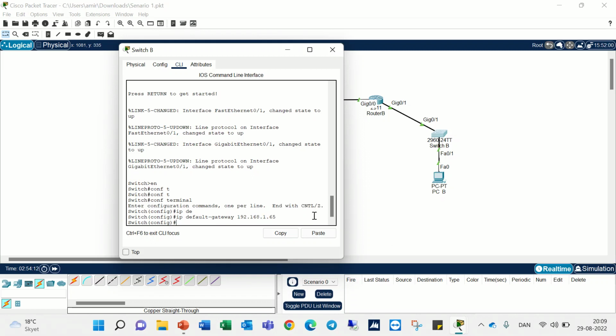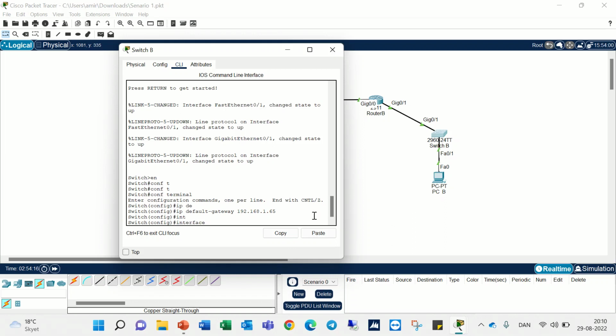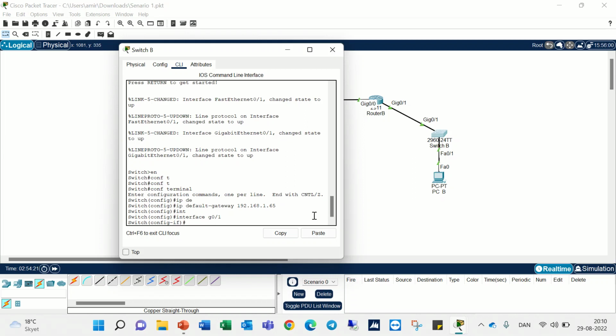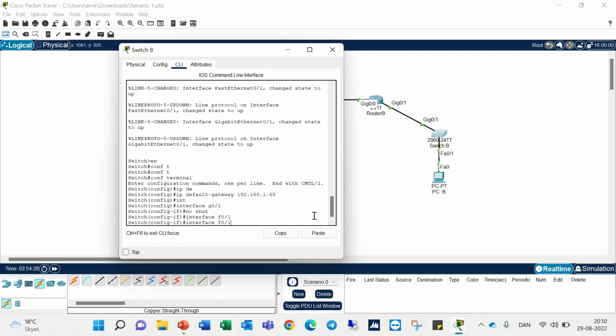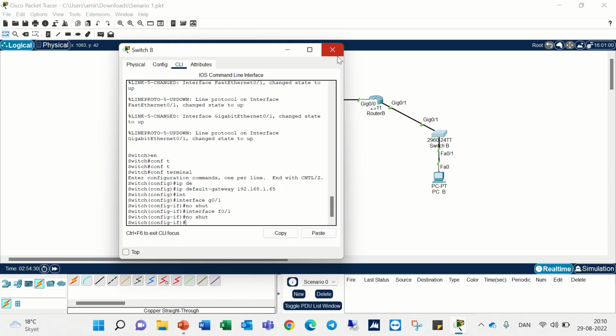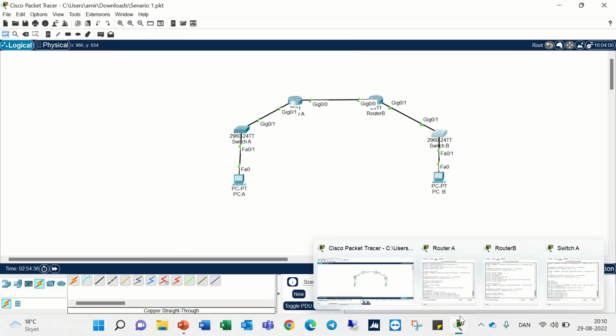Yes. And interface G01 should be no shut. And interface F01 also should be no shut. And you have configured all of the IP addresses in this network here.